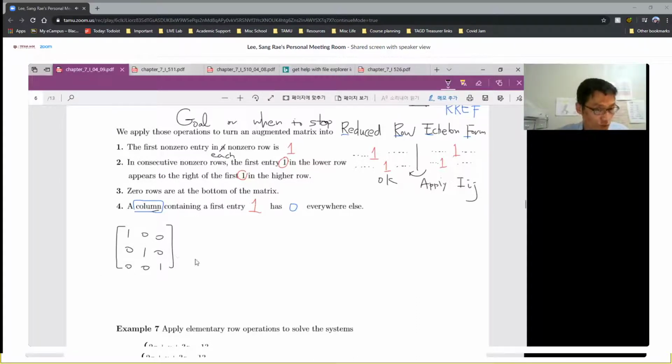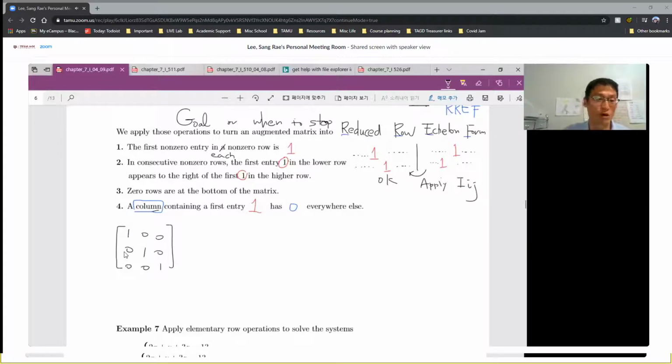That's good. Number 2, whenever you pick 2 consecutive rows, the 1 in the lower row is to the right of the 1 in the higher row. Number 3, 0 row not at the bottom of the matrix. Well, it has no 0 row, so number 3 is satisfied for the same reason.